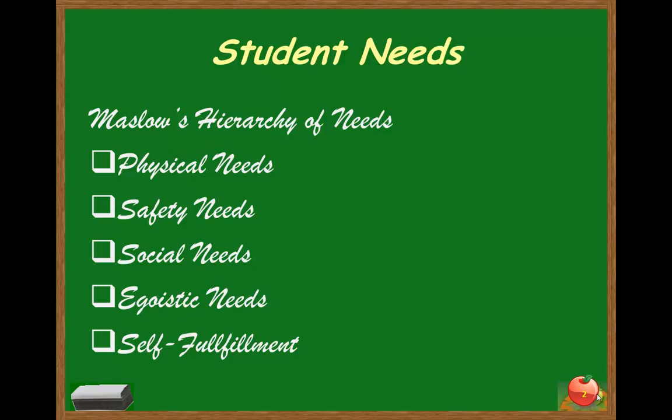Maslow looks at self-fulfillment as a very rare occurrence when a person reaches their fullest potential. And I don't know a whole lot of people who have ever done that. I can't give you any example of a person that has reached and performed to their highest level. I remember back in the 4th grade, I did a report on a man named Albert Schweitzer.